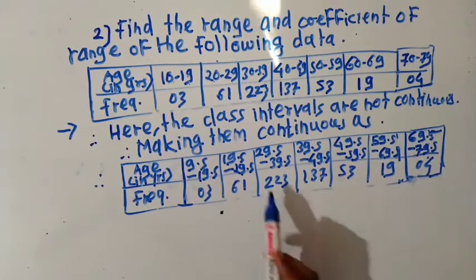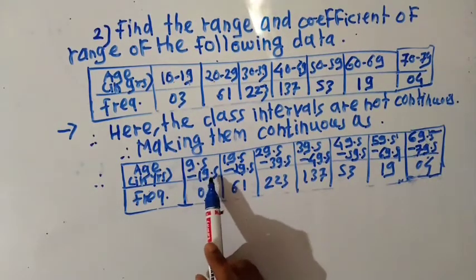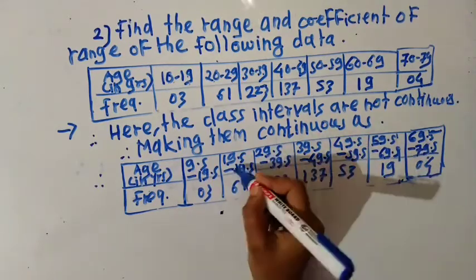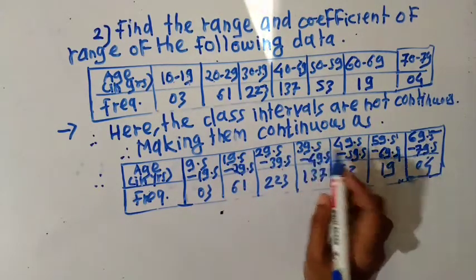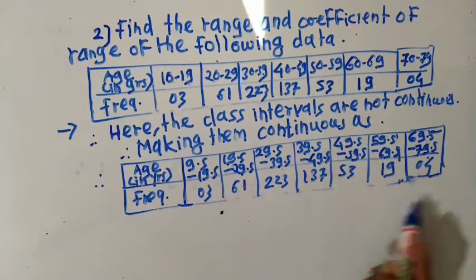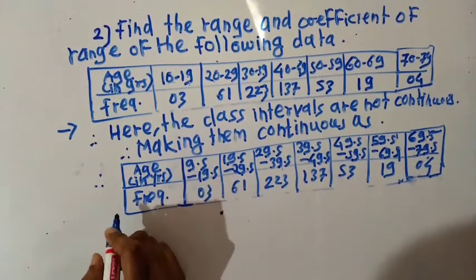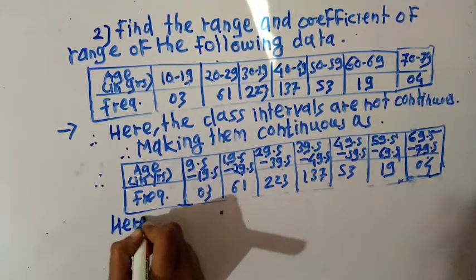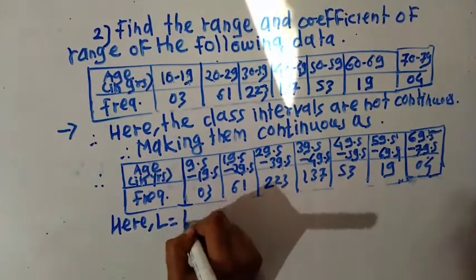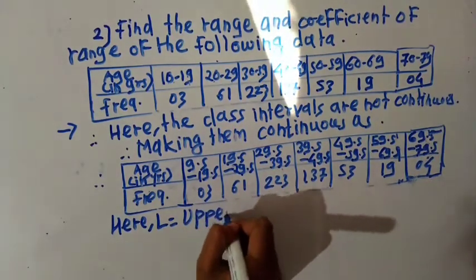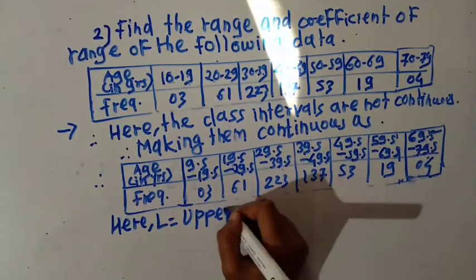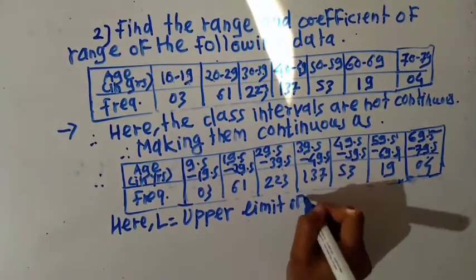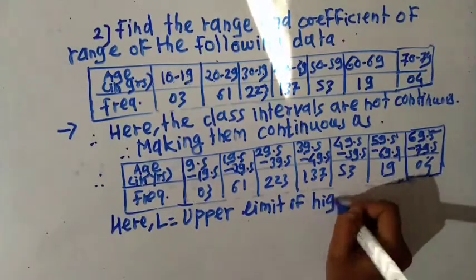Now we see that these data are continuous because this value and this value are the same. So these data are continuous. Here L is equal to upper limit of highest class.